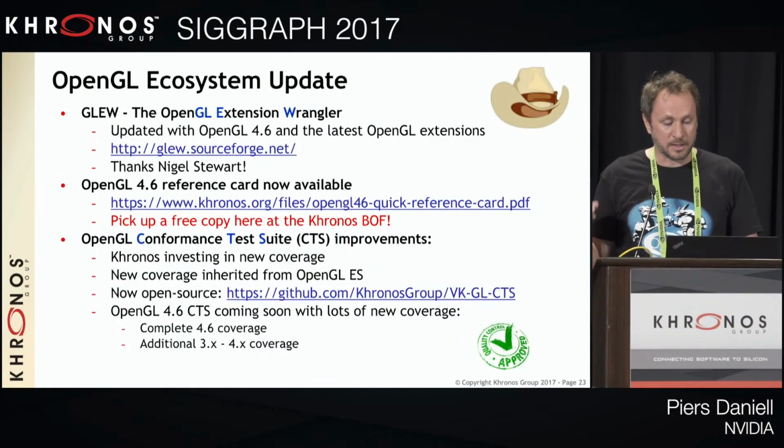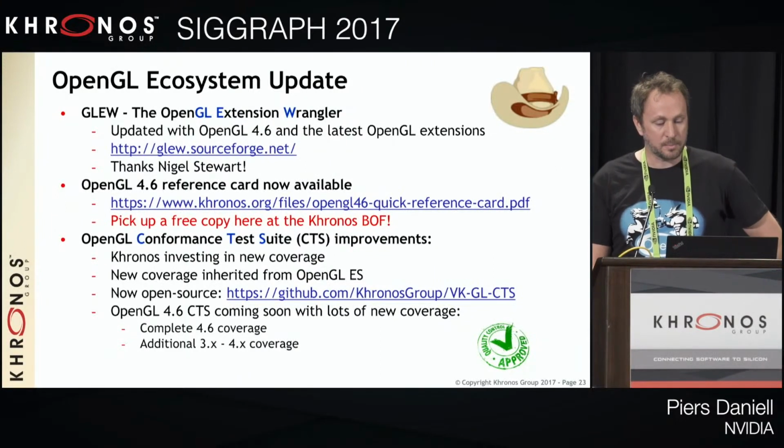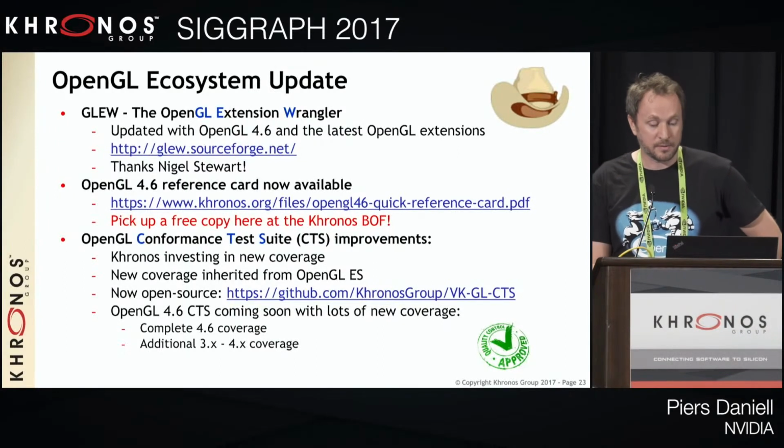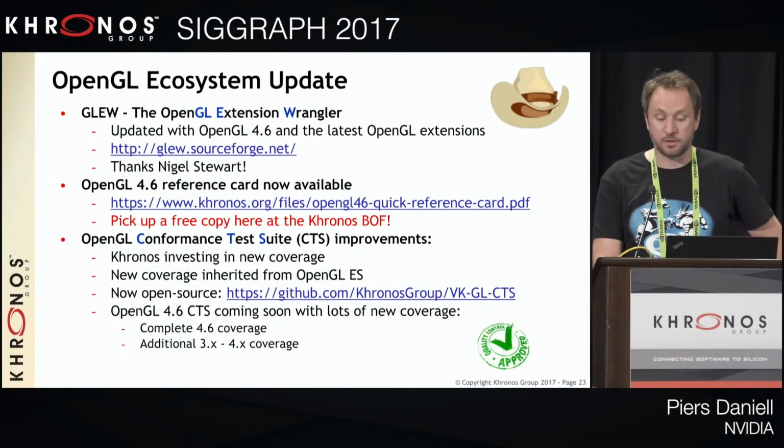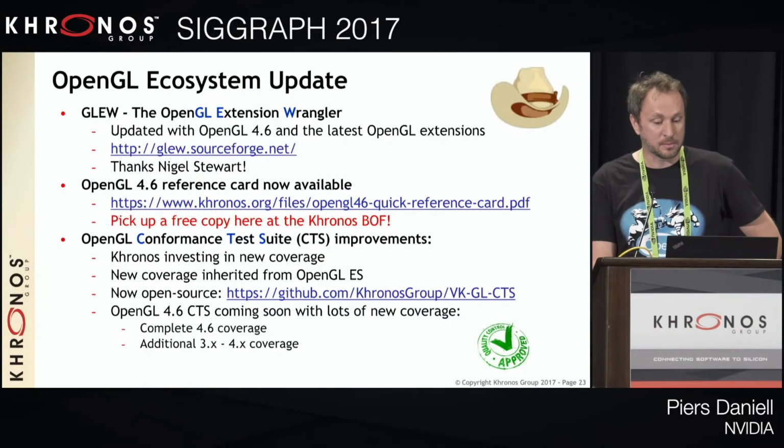And so to go along with OpenGL 4.6, we're releasing a new CTS suite, which is coming out in a couple of months. And we've picked up a lot of tests that the OpenGL guys have been developing as well. And the other big news is that the whole conformance test suite is now open source. So anybody can contribute. You can see the source code. You can mess with it, file issues.